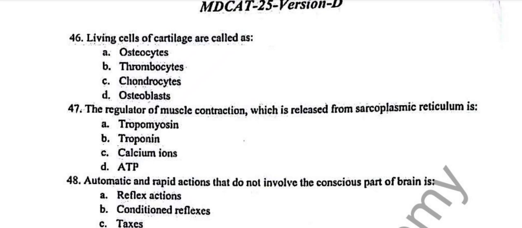Calcium ions bind to troponin, exposing actin binding sites and initiating muscle contractions. Tropomyosin blocks binding sites, it is not released. Troponin, calcium binds to troponin but it is not released. ATP provides energy but it is not released from the SR.